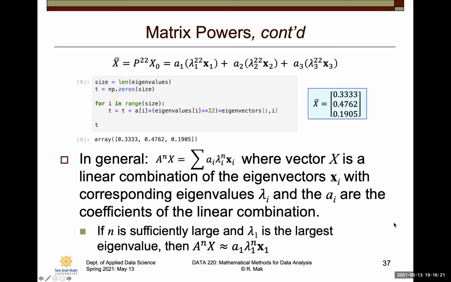So this is just a clue as to how eigen decomposition can make matrix operations easier.